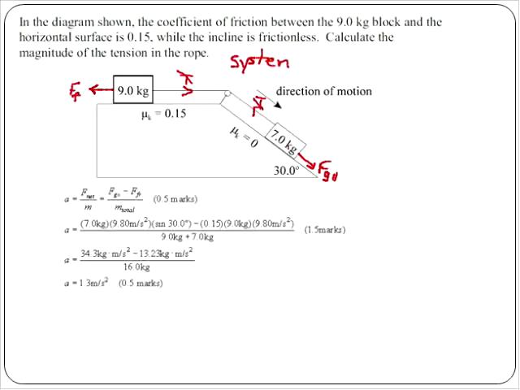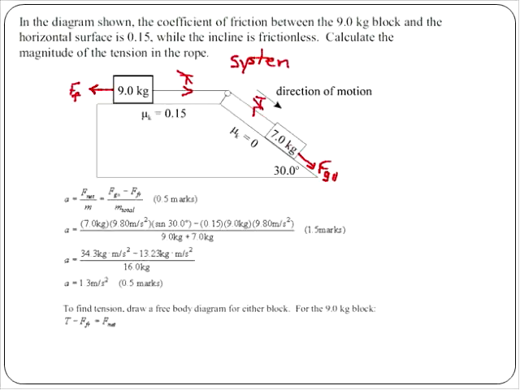Then once you found the acceleration, then you isolate one of the blocks. The easiest one to use is probably the 9 kilogram block because there's no angles involved with that one. It's only horizontal. So if we did that, we'd say tension minus friction, because tension is pulling to the right, so it's positive.